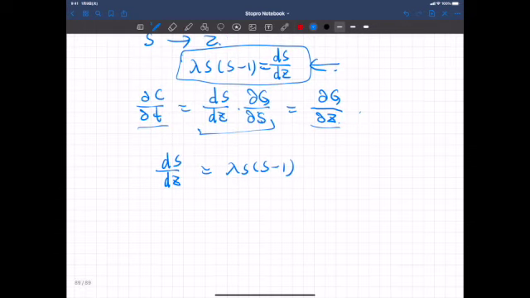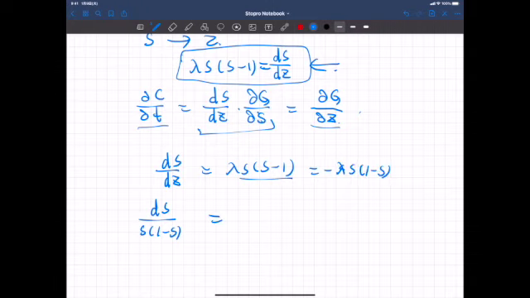So this is a separable differential equation. Here's the standard way: ds, so move this part, s, let's go with 1 minus s, so put a negative sign here just for a technical reason, and negative lambda dz.